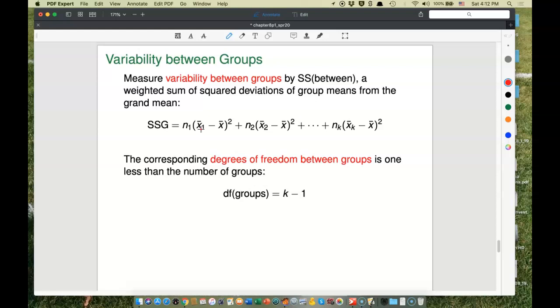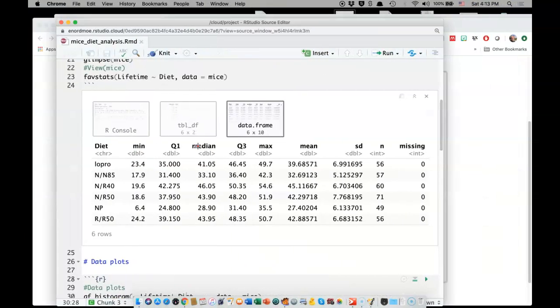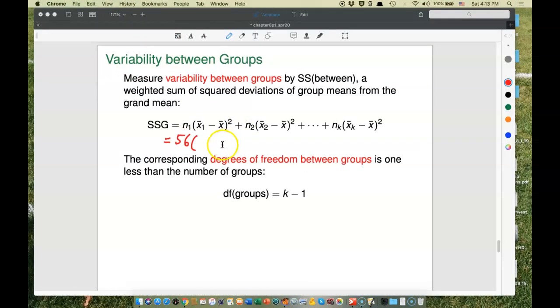So we want the variability between the groups. And let's see, here we go. So 56 was our sample size. And then our first mean is 39.68. Now there will be some rounding here that I'm not going to worry about.